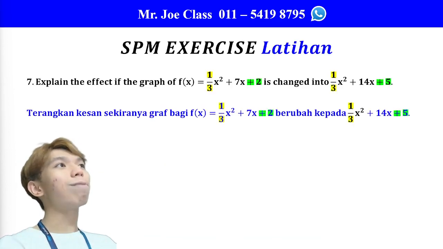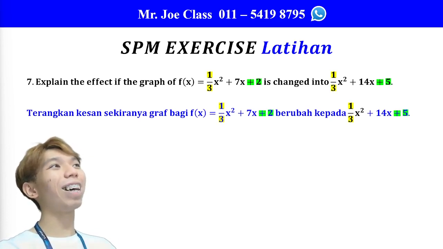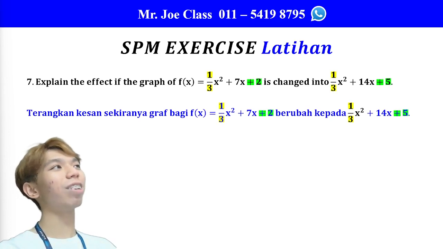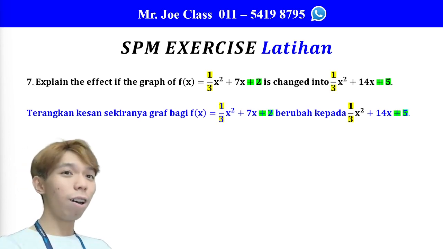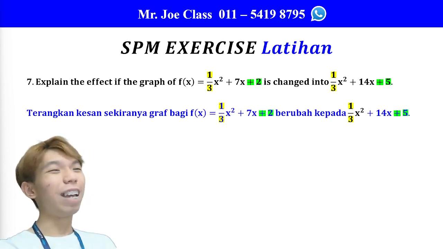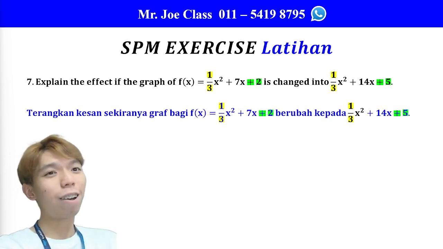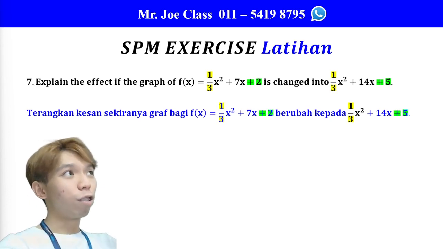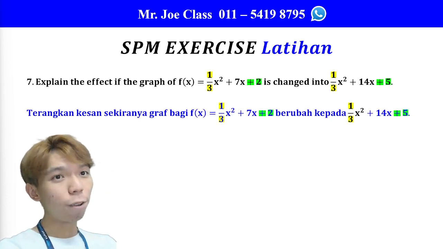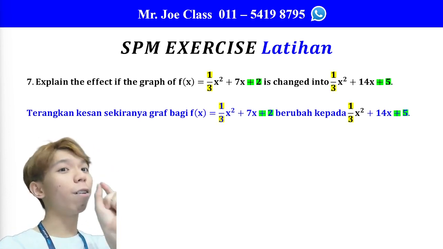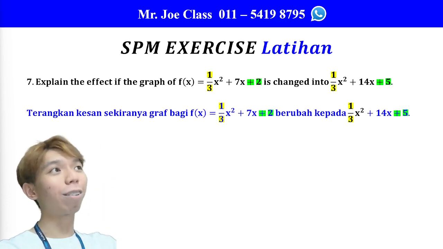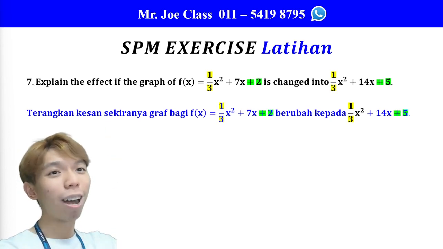Now, explain the effect if the graph of f(x) equals 1 over 3 x squared plus 7x plus 2 is changed into 1 over 3 x squared plus 14x plus 5. So the value of A is positive, but there's not much impact of A on it, because now the focus is on C. The value of C changes from positive 2 to positive 5. And I've already told you that the value of C is the point where the graph intersects on the y-axis.